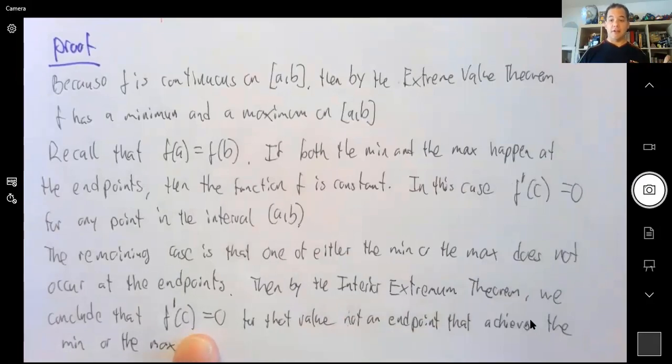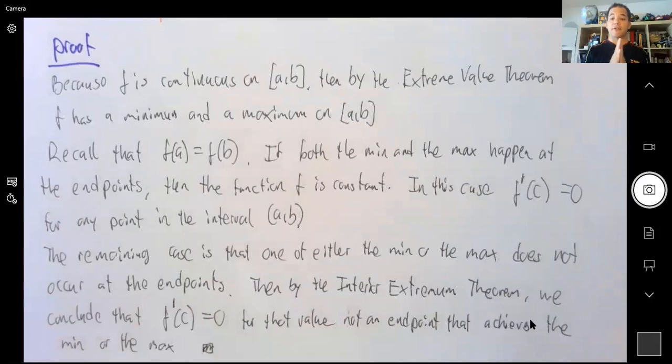So that's easy. And the other one is easy too, because if both the minimum and the maximum happen at the endpoints, because the endpoints have the same height, then that means the function is constant. And if the function is constant, then it's a horizontal line, and then every point has 0 derivative. So that case is also easy. Yes? So one way is easy, the other way is easy.